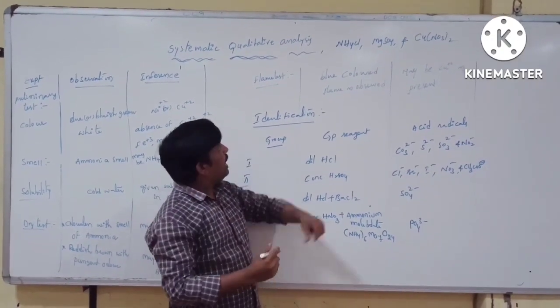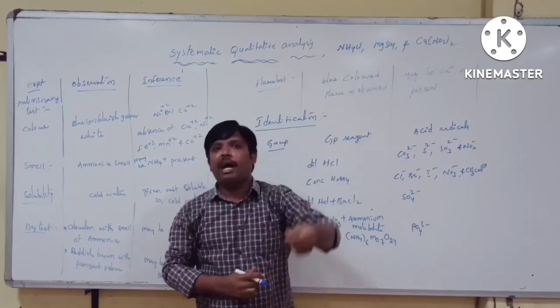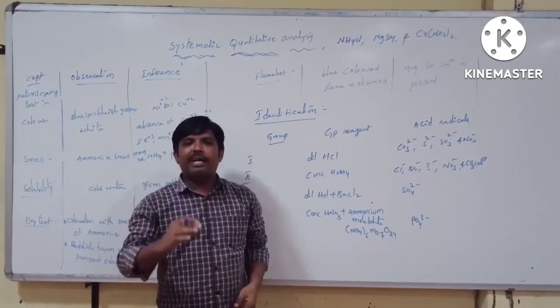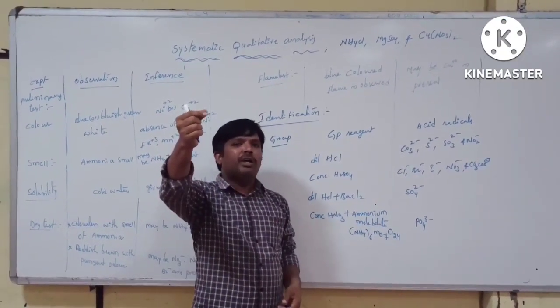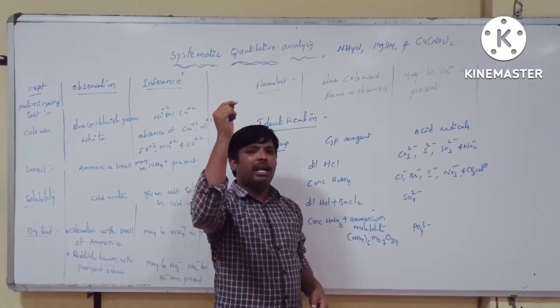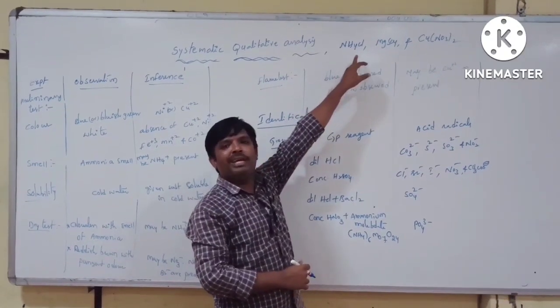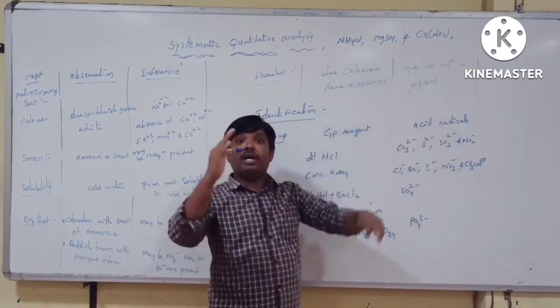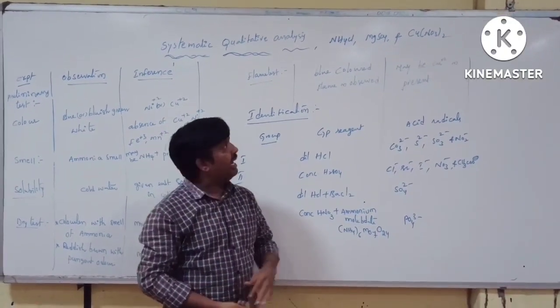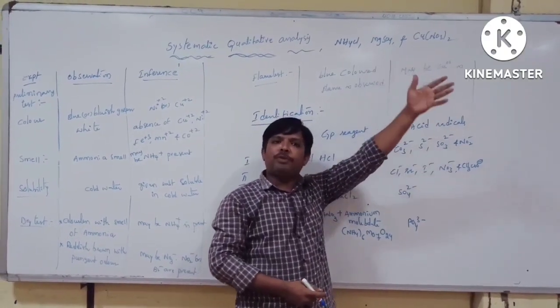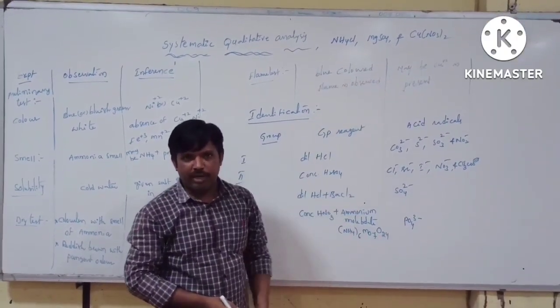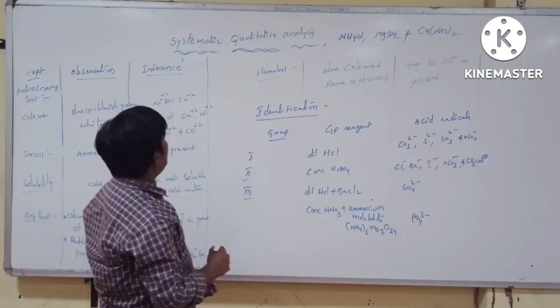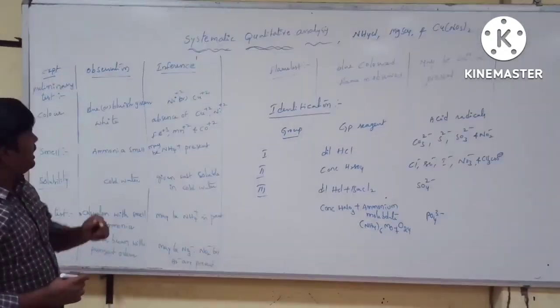Ammonium chloride is a salt-like compound. టాటా సాల్ట్ పట్టుకోగానే గరుకుగా అనిపిస్తుంది, అలా అనిపిస్తే అది NH4Cl. NH4Cl and MgSO4 are white in color. CuNO3 is copper nitrate, blue in color.